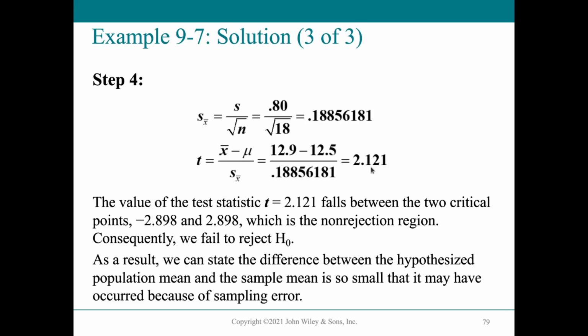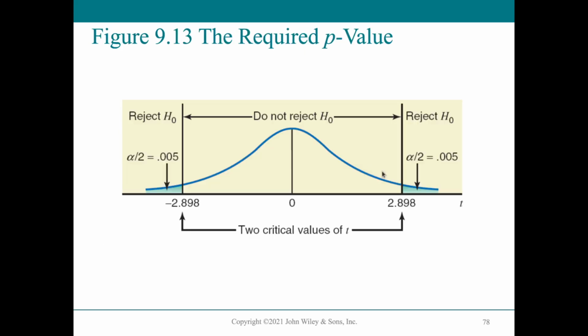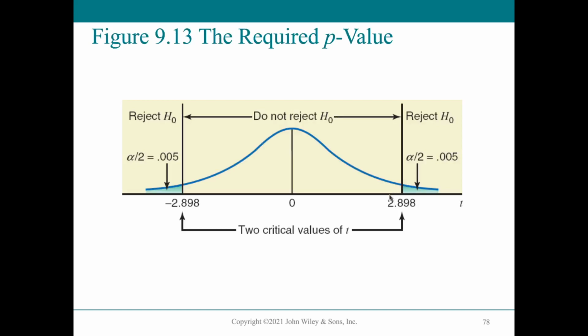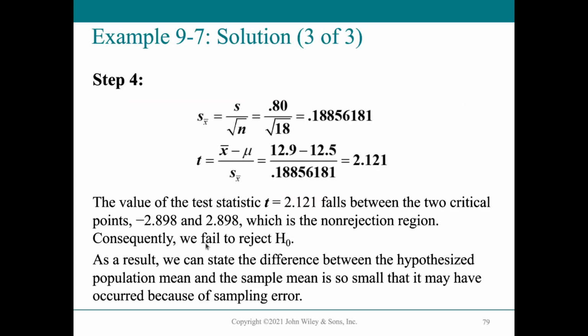Now, where does it lie in our region? 2.121 is somewhere around here, so it's in the do not reject area. We can say that it's in the non-rejection region. Therefore, we will not reject our null hypothesis. So we can still say that the difference between the hypothesized population mean and the sample mean is so small that it may have occurred because of sampling errors.